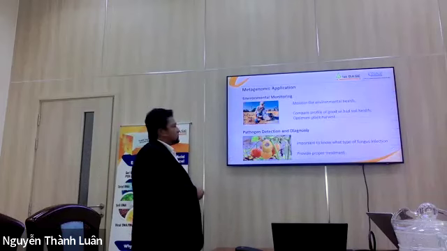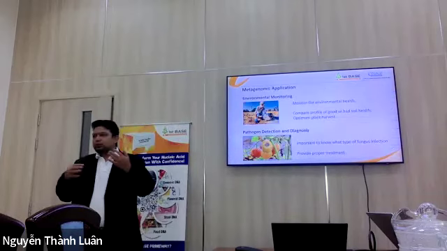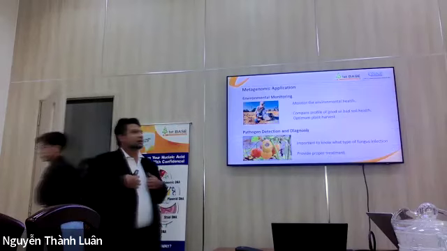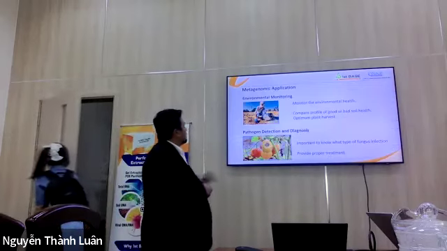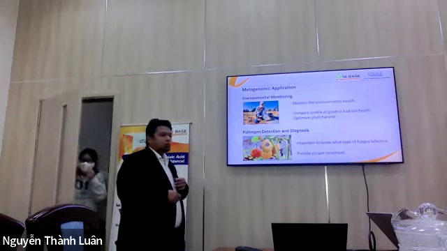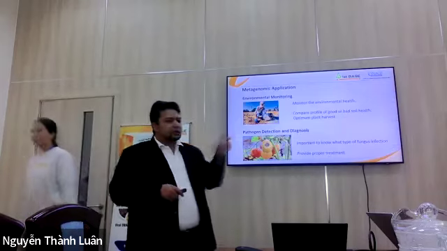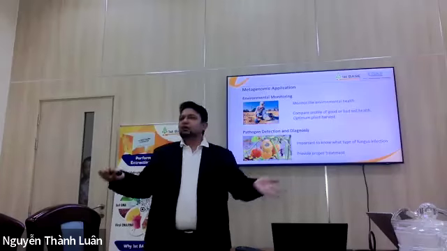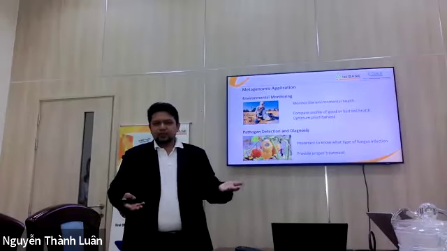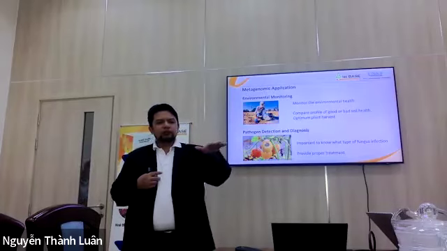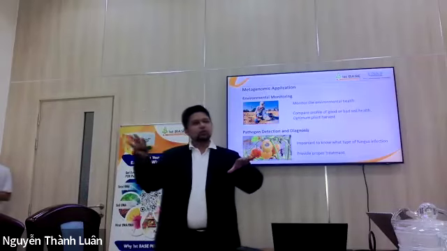Okay, right. So now we look into the applications. What can we do with this metagenomic study? One thing we can do is environmental monitoring. So what does environmental monitoring mean? For example, let's say you have a farmer who plants paddy. The problem is that one plot has a very bad yield, another plot has a very good yield.